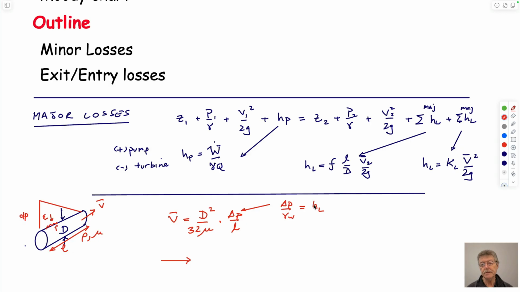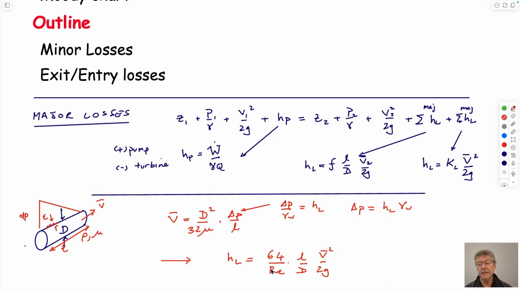So you can take this, you can substitute delta p being equal to head loss times unit weight. So if you substitute this in here and manipulate it to get it in terms of HL, it ends up being that HL is equal to 64 over Reynolds number, and you'll see the reason for doing that in a minute, times L over D and V squared over 2g, V bar squared.